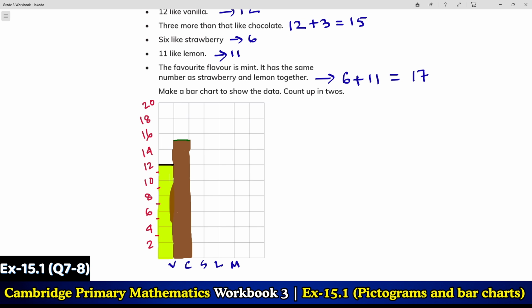Okay, now strawberry 6. This is our strawberry, 6.